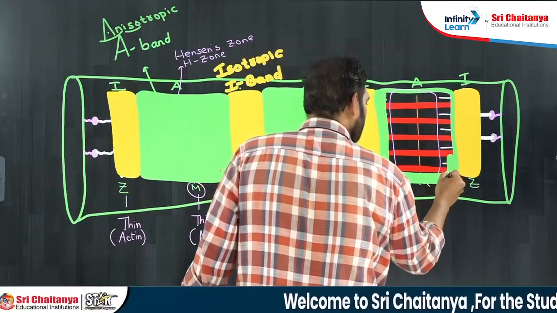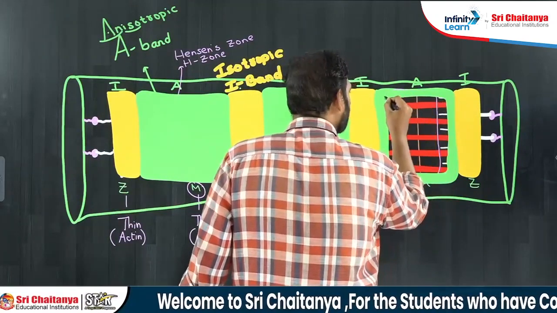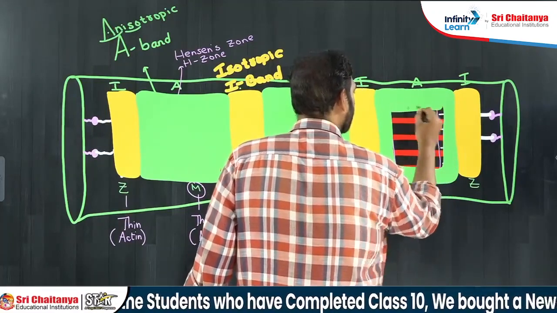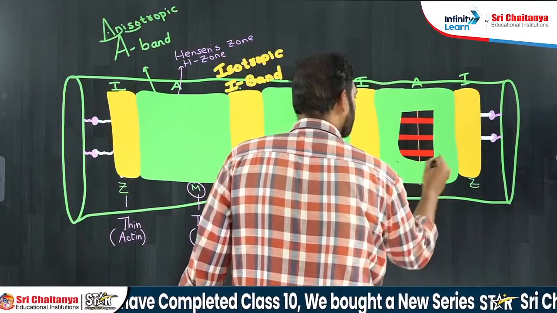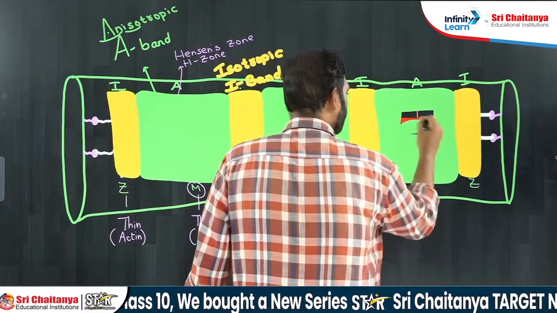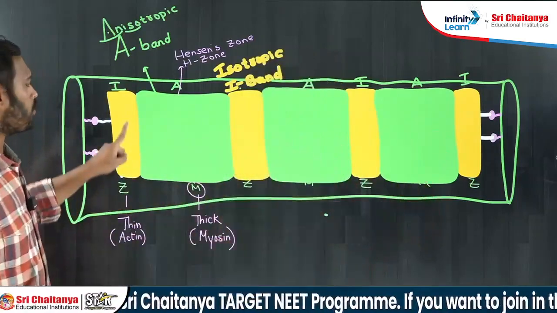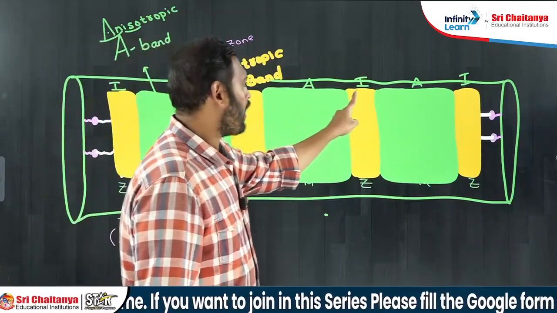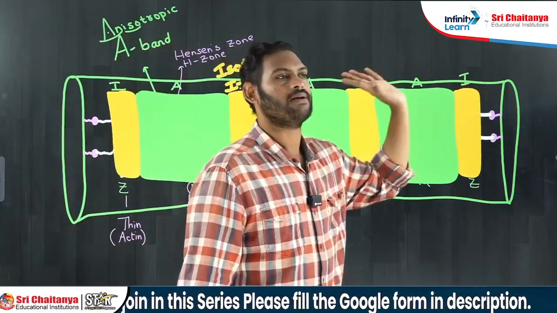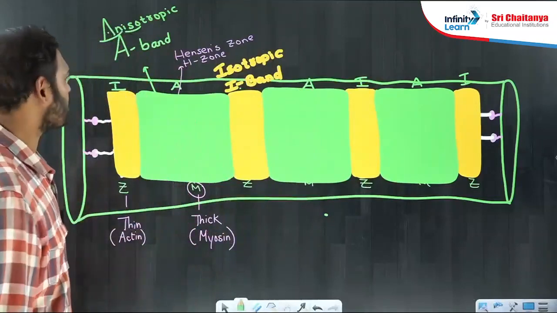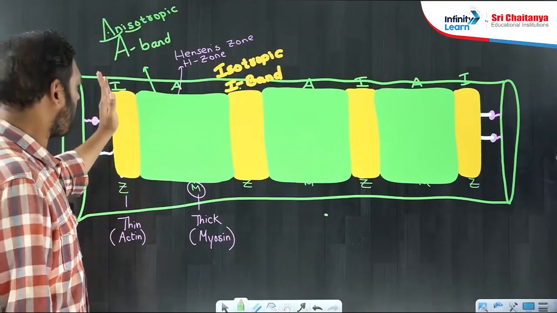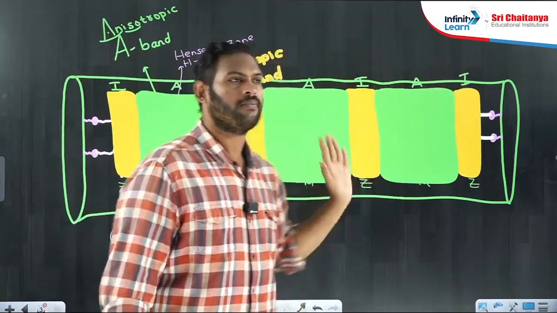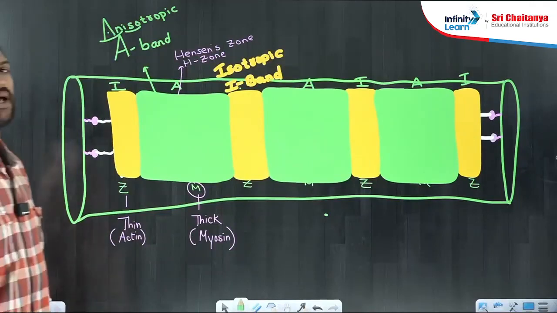You're here to learn basic things, not advanced concepts. Don't jump into advanced concepts without any basic knowledge. I'm here to give you that basic knowledge of how things work. So I band, A band, I band, A band, I band, A band, I band. Yes, Lakshmi. I, A, I, A, I, A, I. Correct. Alternate I bands and A bands.